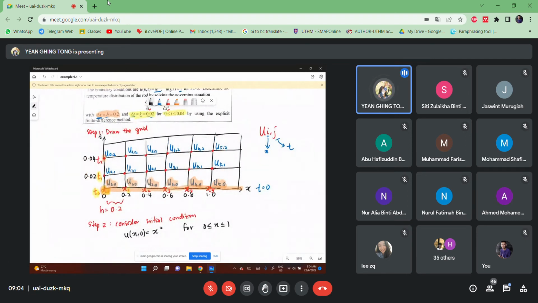Okay. So now you look at here. We have U00, and U00 dia punya value of x is 0 square. So letak je.